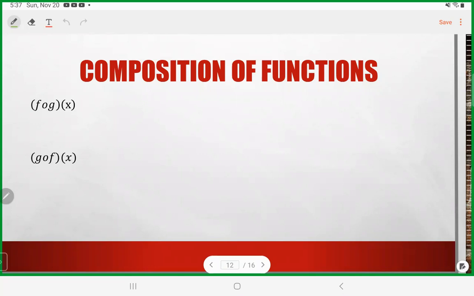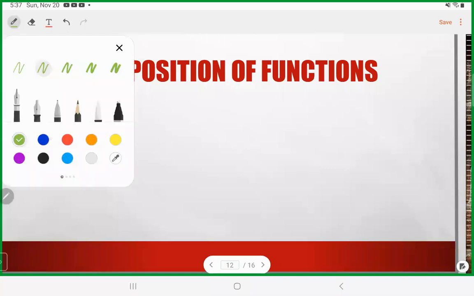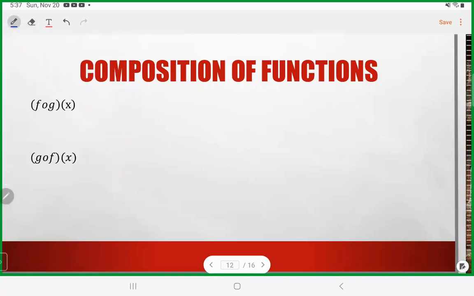Let me come up with an example. So f of x, let's just switch back to blue, is equal to x squared. Now, William, what would f of 2x be equal to?